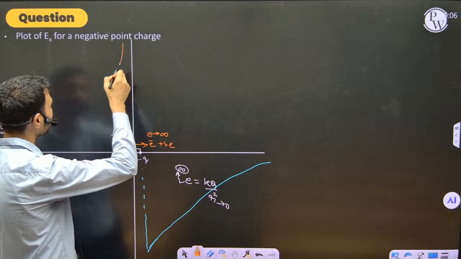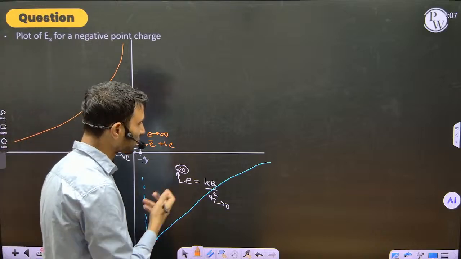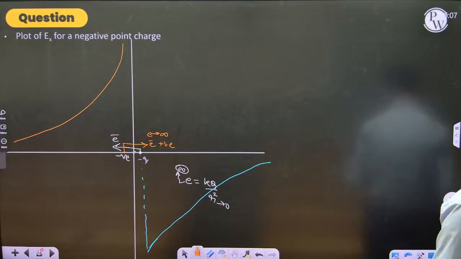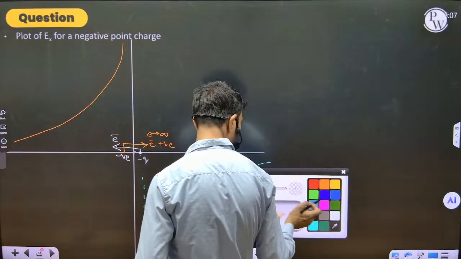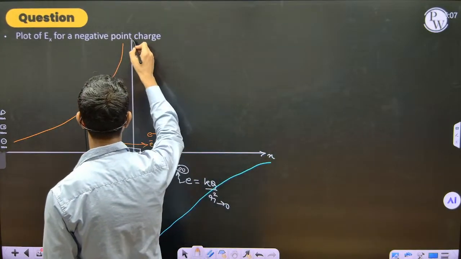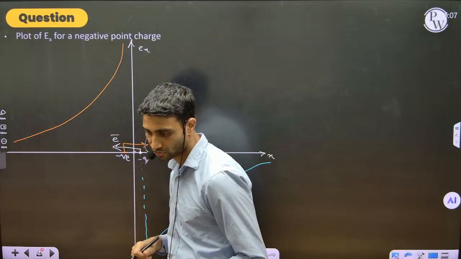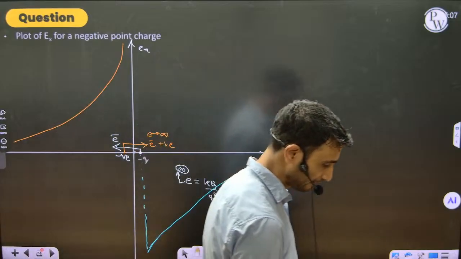So it will start from here, and it will become eventually 0. So this is how the graph will look like due to a negative charge. The electric field, if you plot, this is the plot of what versus what? X versus Ex.